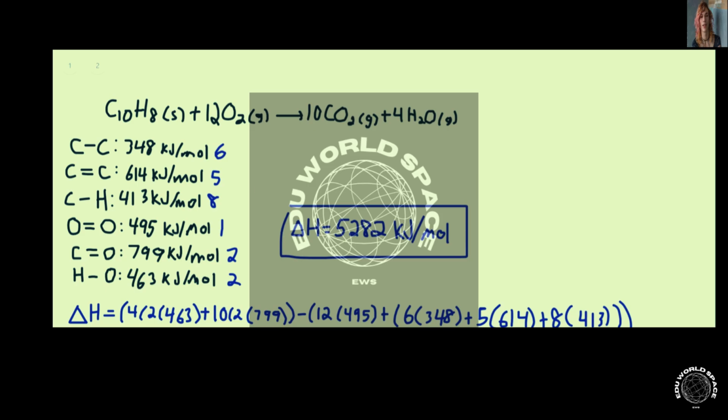Now, part E. Benzene, naphthalene, anthracene are colorless, but tetracene is orange. What does this imply about the relative HOMO-LUMO energy gap in these molecules? So let's remember what our HOMO-LUMO energy gap is.